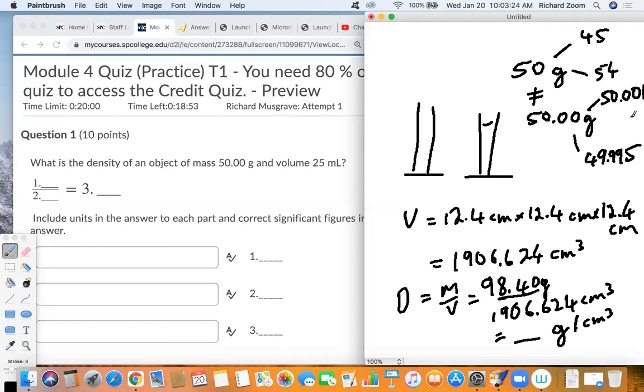So you can see that one number is much more accurate than the other. I do get some pushback occasionally from students who say it's unreasonable for me to say, well, look, it says 50, it's the same as 50.00, it isn't. So just be aware of that.